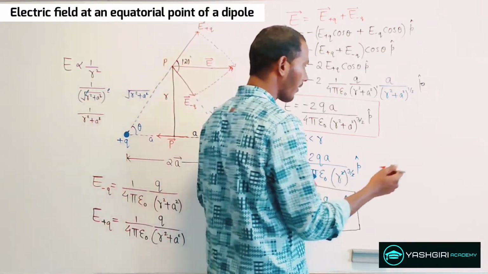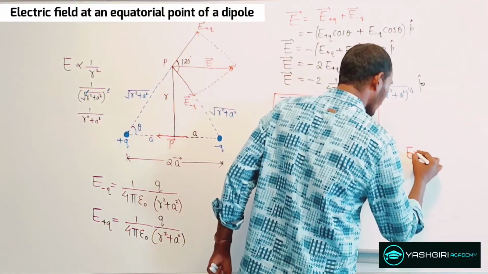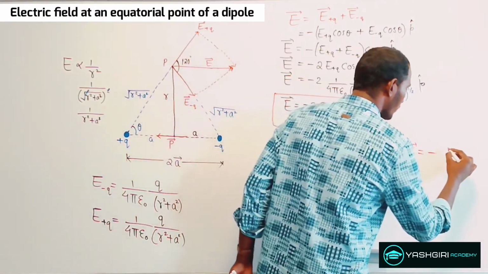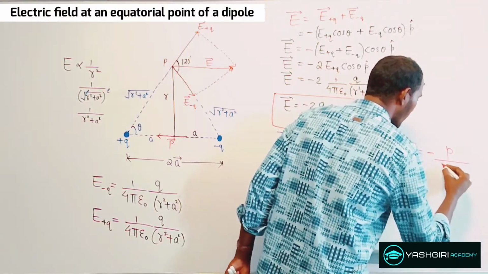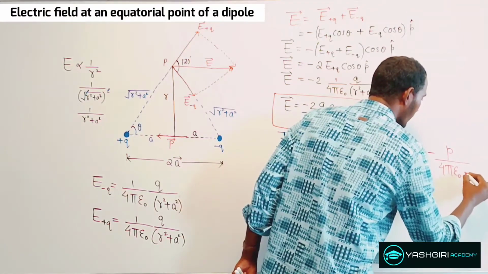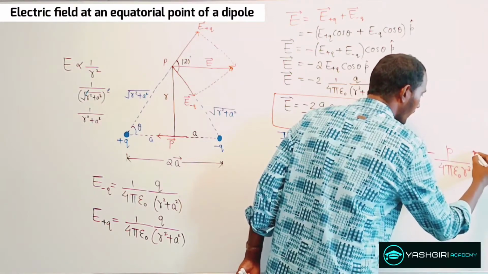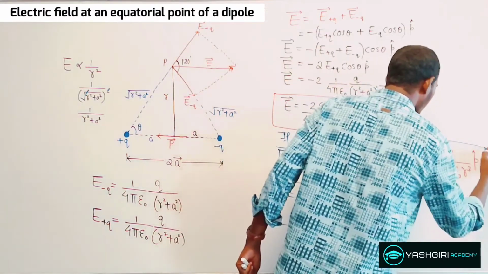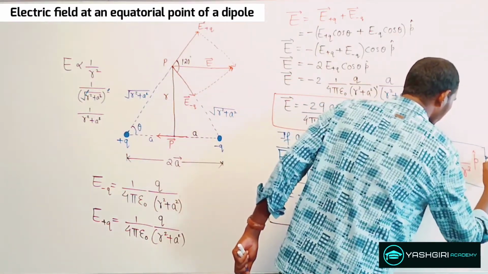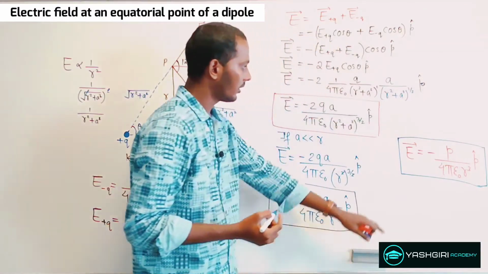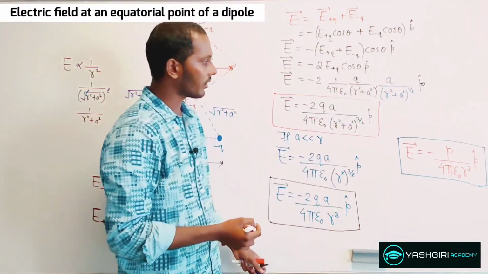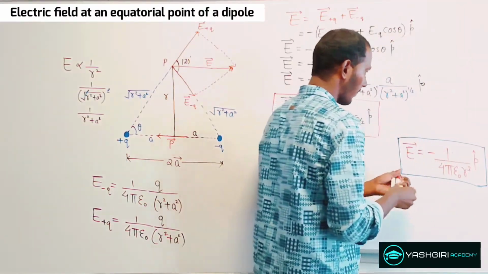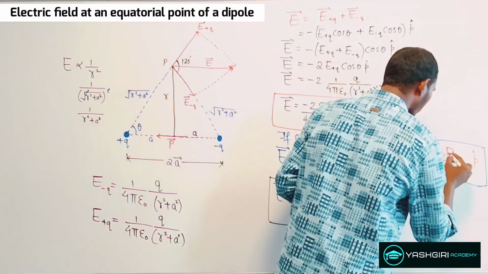So again, I can rewrite this as electric field being minus the magnitude of your dipole moment divided by 4 pi epsilon naught into R cube along the P cap. So that's the expression for the electric field in terms of dipole moment. These are the equations that you need to know. So this is the dipole moment, let me represent it with capital P.